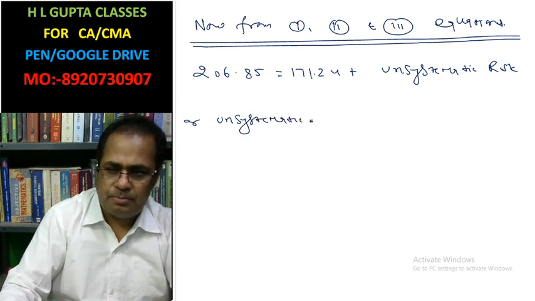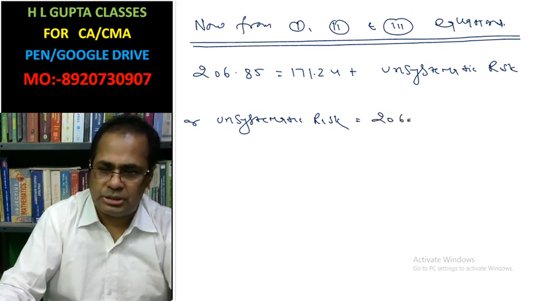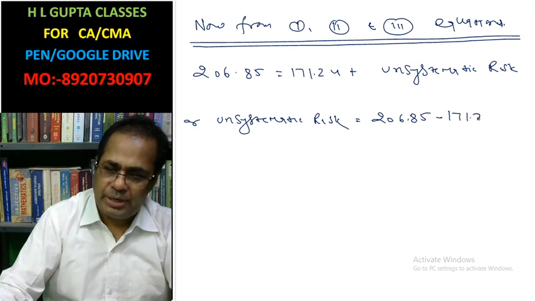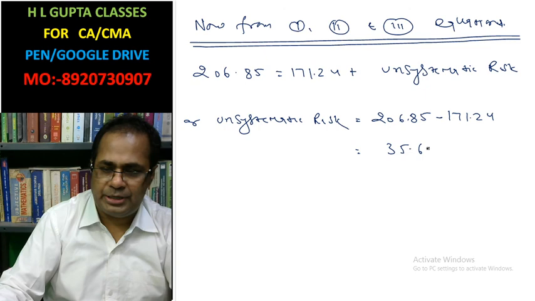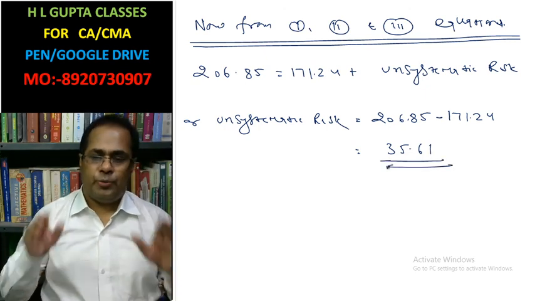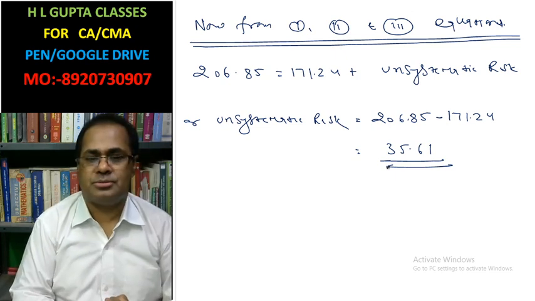Unsystematic risk equal to 206.85 minus 171.24, equal to 35.61. This is the unsystematic risk, and we have completed this one of the most important questions.